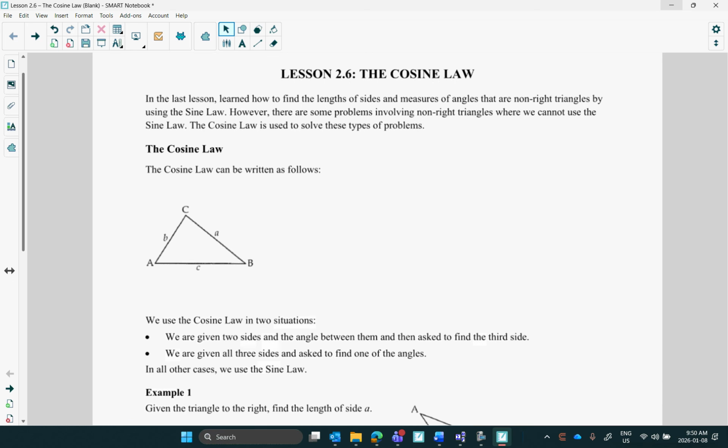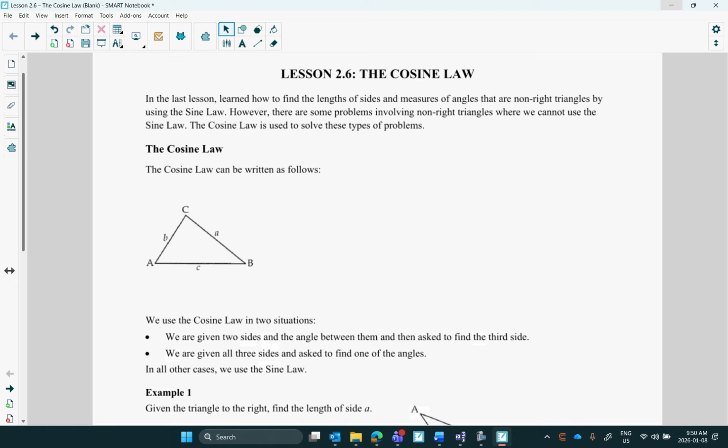So in the last lesson, we talked about how we can use sine law to find missing sides and angles in certain non-right triangles. Okay? Remember, sine and cosine law are used for non-right triangles.